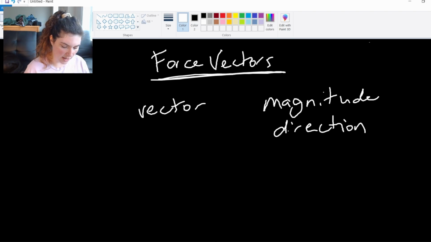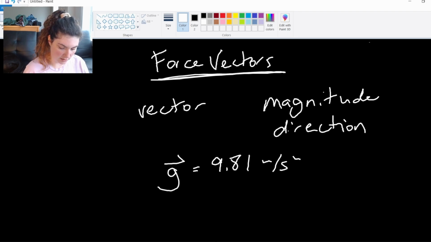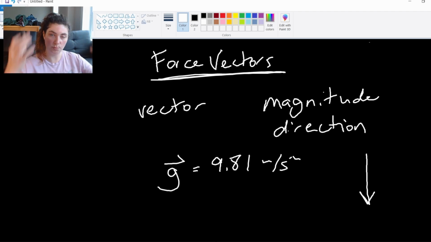We would say any of those have a magnitude and a direction. So we keep talking about gravity. Gravity as a vector, 9.81 meters per second squared, is acting downwards, right? It's pulling you in towards the Earth.